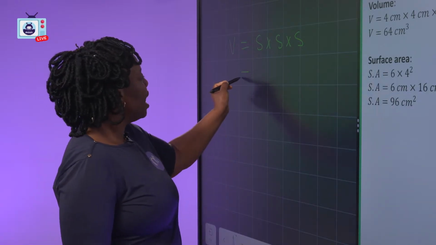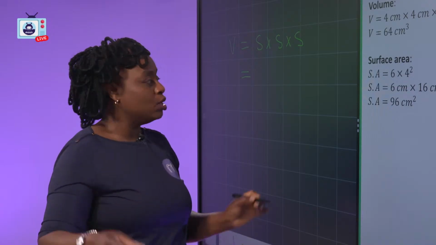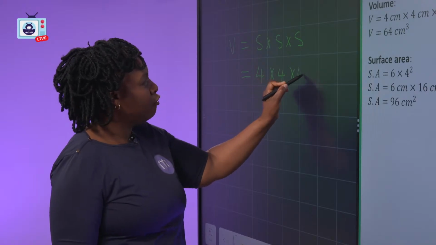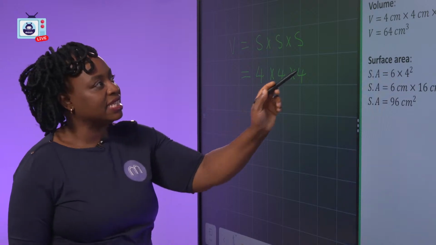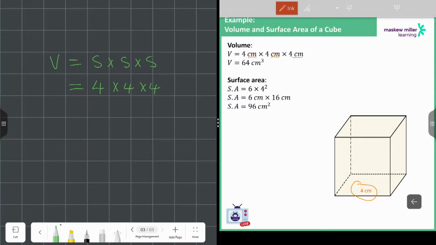If I substitute, remember the cube has equal sides, so I have 4 multiplied by 4 multiplied by 4. This guides you to see that if I multiply this, I end up with a cube. The more you practice, the more you'll get to that point. So 4 times 4 times 4 gives us 64 centimeters cubed.